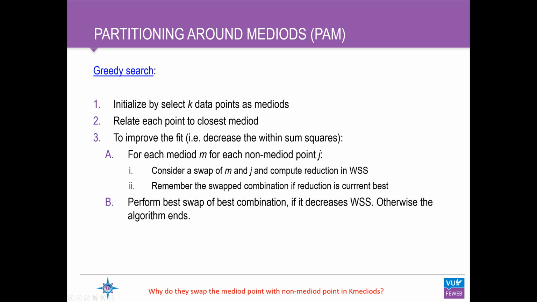So you relate each point to the closest medoid, and you improve the fit, so you decrease the within sum squared, by swapping 2 points, right? So you take just 1 point at random for each medoid. You swap it with another point in that cluster to see if you can reduce the within sum squared with this new medoid. If it is reducing, then you remember it, and then you do it again.